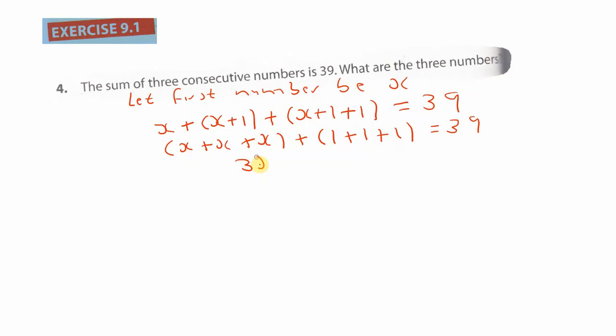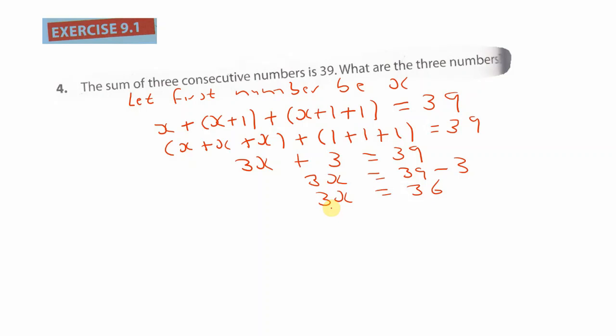So we have 3 x's plus 1, 2, 3 equals 39. Our strategy is just to have x on its own. So we have to move this positive 3 to the other side of the river. So the plus becomes a minus. So therefore 3x equals 39 minus 3, which is 36.